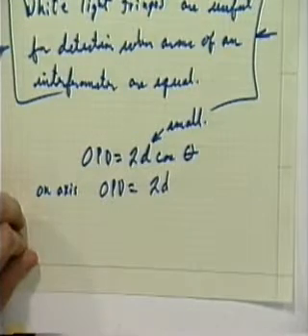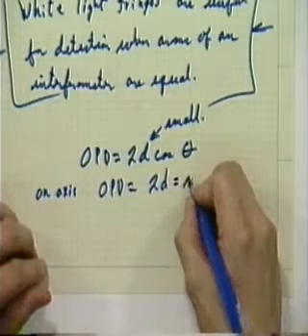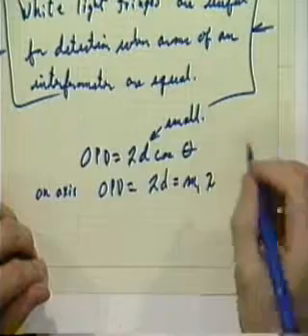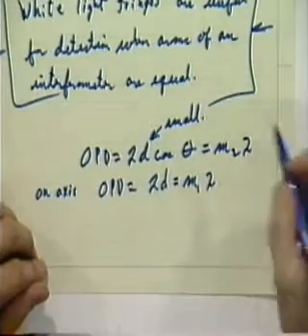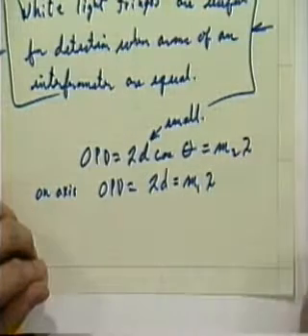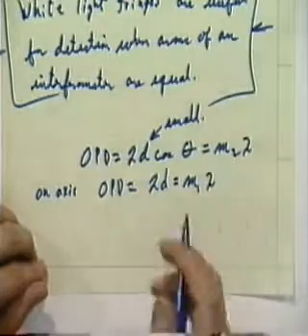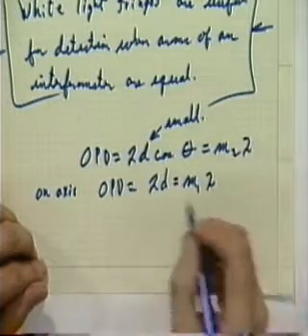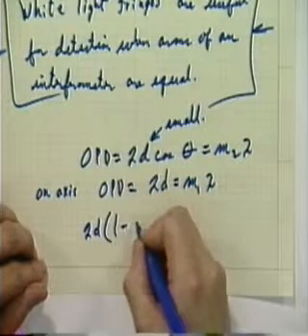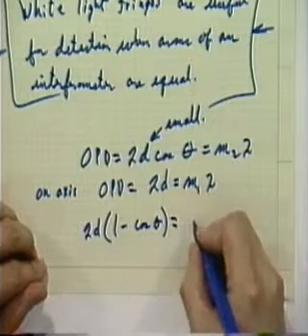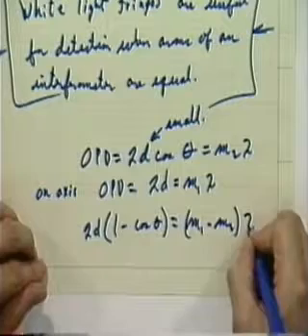So the question was, let's say this is some number m1 lambda, and this is some number m2 lambda, and these may or may not be integers, doesn't make any difference. But in going from on-axis to off-axis, we would have that 2d times (1 minus cosine theta) is (m1 minus m2) lambda.